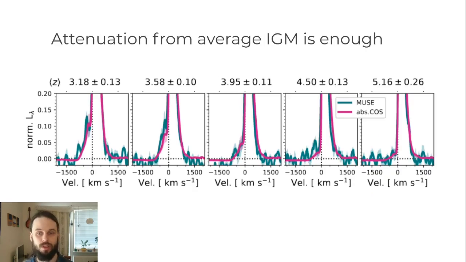And what we found then was this, where you have the MUSE in the blue and the COS in the pink. And what we found was that if we just attenuated it by the amount of IGM we expected at that redshift from quasar measurements, the COS and the MUSE actually line up really well.